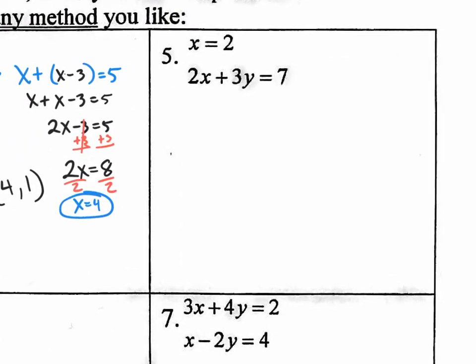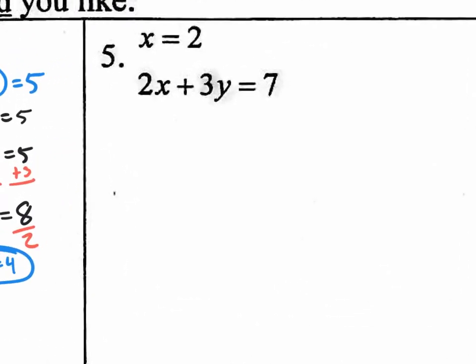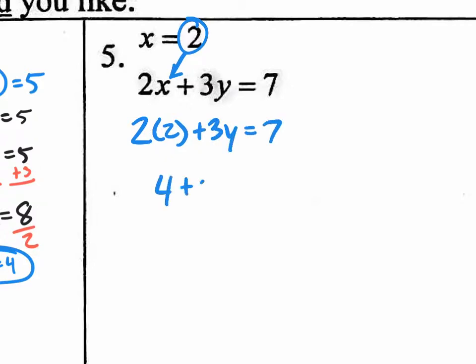Let's move on to number 5. This is really easy to substitute. It's so easy, some people get confused. They don't know what to do. It already has half of your answer. It tells you x equals 2. So all you need is a y. Just plug it in right there. 2 times 2 plus 3y equals 7. That's going to be 4 plus 3y equals 7.